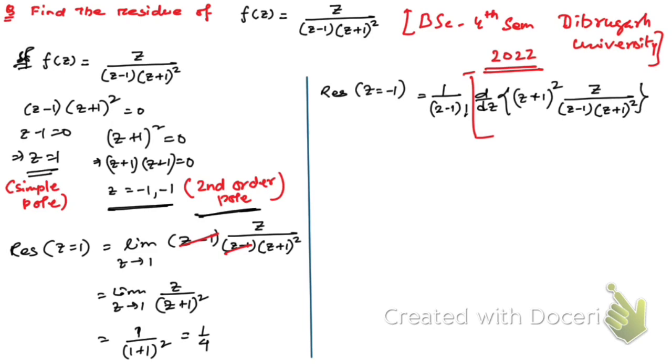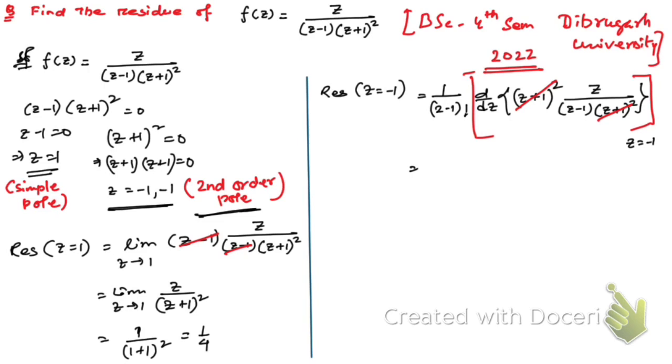We are finding the residue at z is equal to minus 1. Here this part cancels, and 1 by factorial 1 is going to be 1.